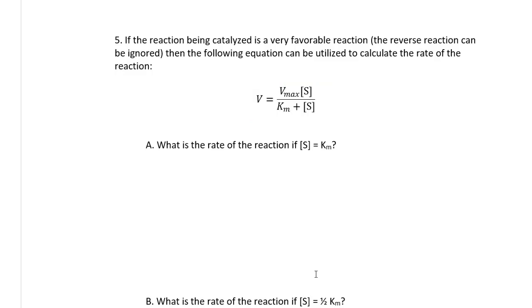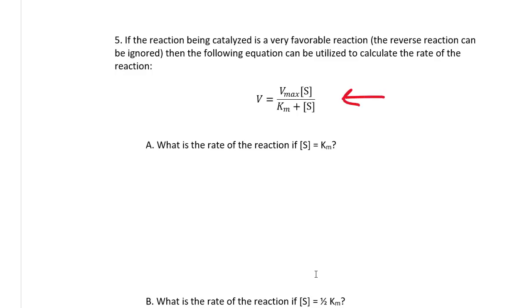This equation can only be used if the reaction is very favorable, meaning that the reverse reaction can be ignored, like ATP hydrolysis. If the reverse reaction is actually a player in the process, meaning that it cannot be ignored, then this equation cannot be used.